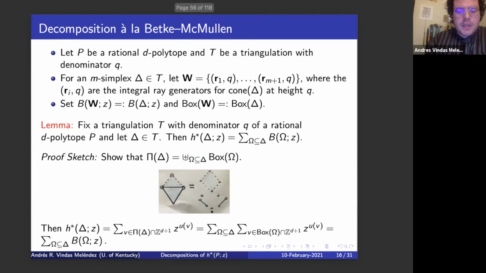Now the H star polynomial of that simplex is just adding up the corresponding parts. I'm not saying anything super crazy here; I'm really just keeping track of all this information. Is everybody with me?